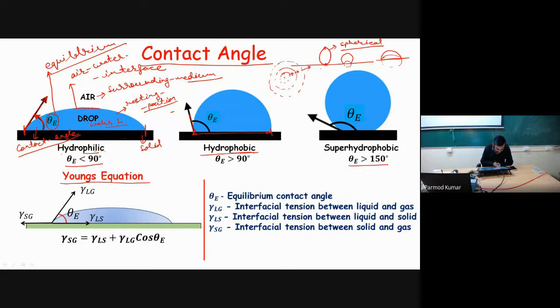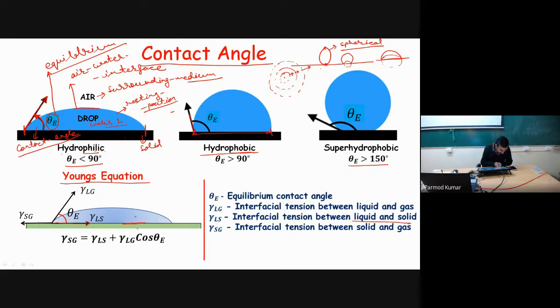So here you can see once again the representation. This is the interface between solid and the liquid. At the interface between the solid and the liquid, we have some interfacial tension, called gamma LS, the interfacial tension between liquid and solid.